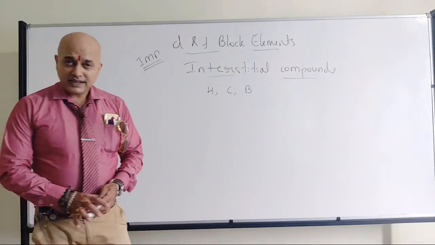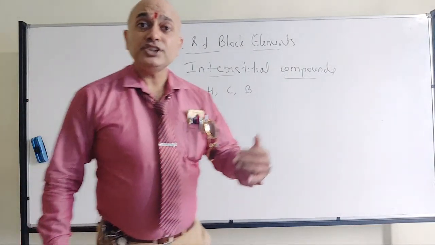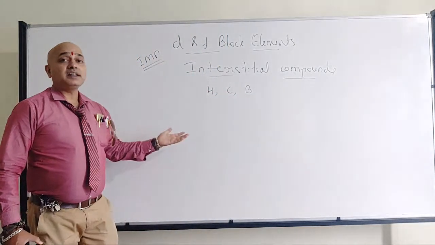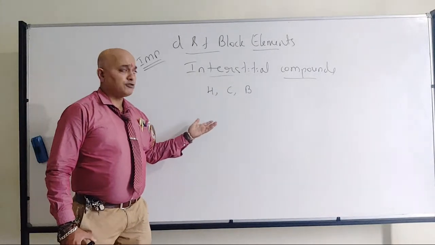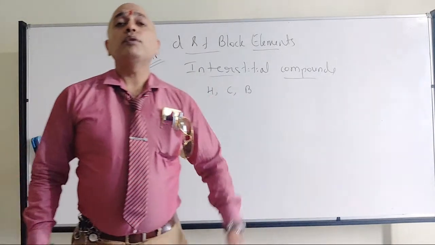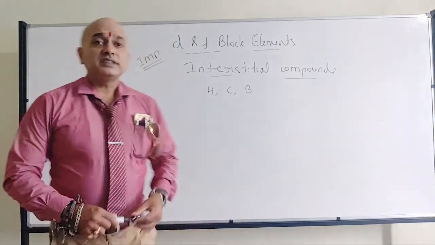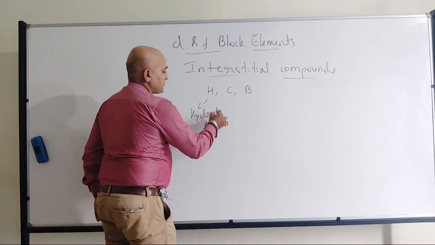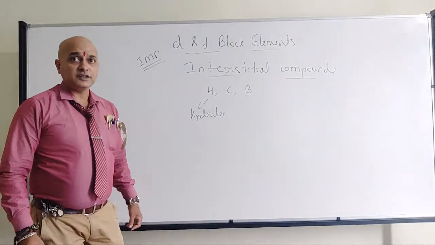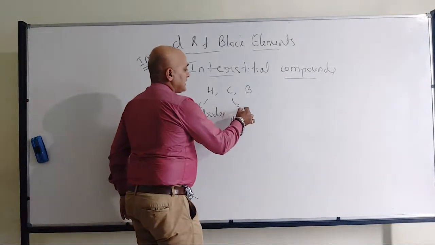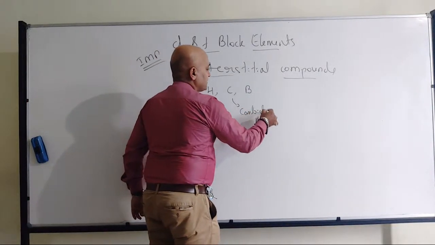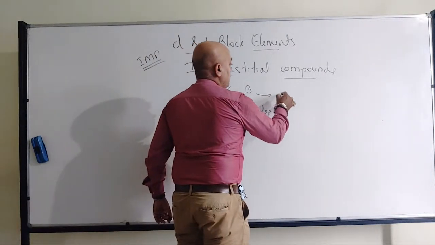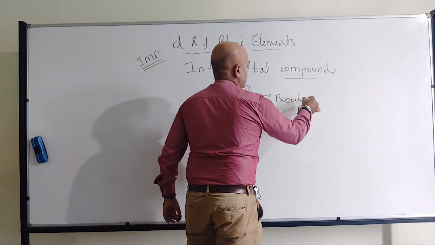So we can define interstitial compounds as those where transition elements are in combination with smaller elements like hydrogen, carbon or boron. Fine? Therefore, it can lead to hydrides if it is in combination with hydrogen, carbides if it is in combination with carbon, or borides if it is in combination with boron.